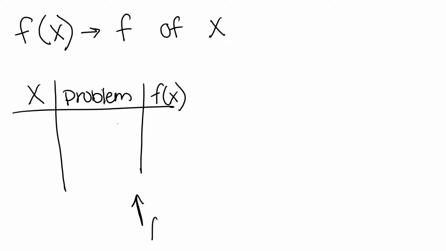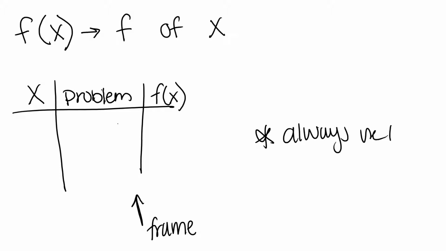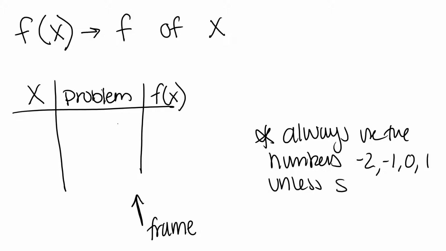This is called the frame, and we'll talk about what that means later on once we get to some examples. A piece of important information is to always use the numbers -2, -1, 0, and 1 unless specifically told to use other numbers.